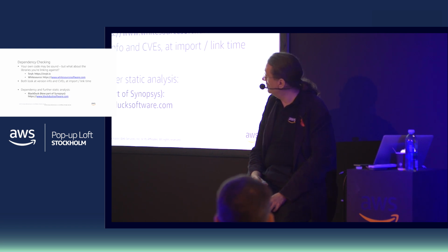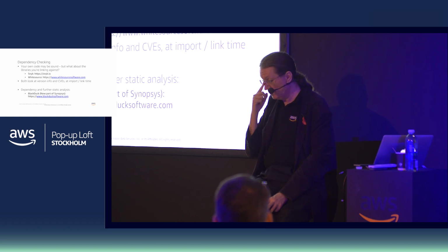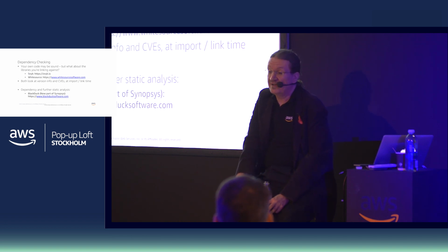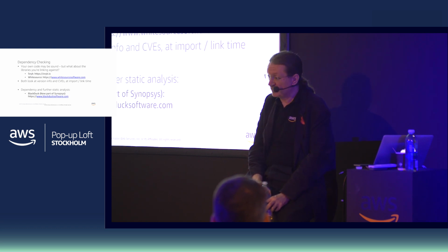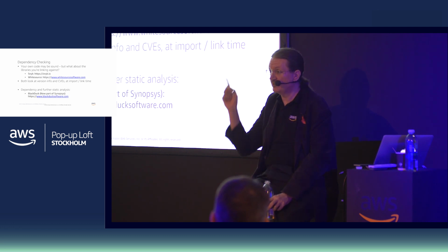And they wound up, and WhiteSource do it now too, along with others, for actually scanning your libraries to determine whether there's any CVEs against them, whether you're using the latest versions, or perhaps most interestingly for certain companies, whether the libraries are released under license conditions that comply with your own policy. Because I'm well aware that there's quite a lot of companies out there that are perfectly happy with GPLv2, but less happy with GPLv3. So if there's anything that may be a license condition consideration, both of these can flag it.